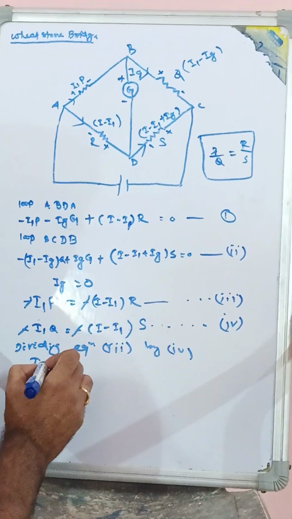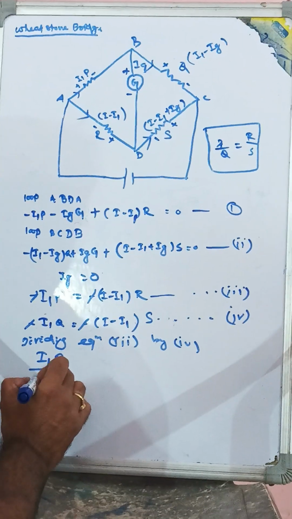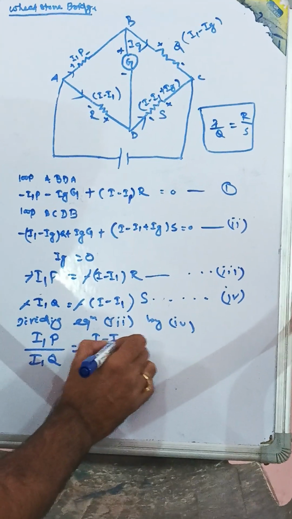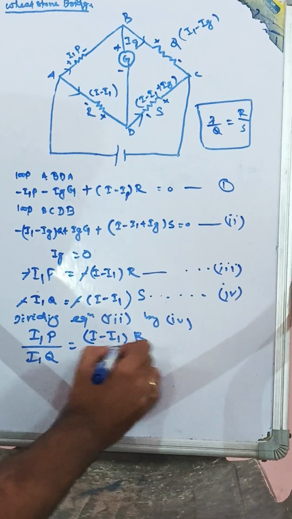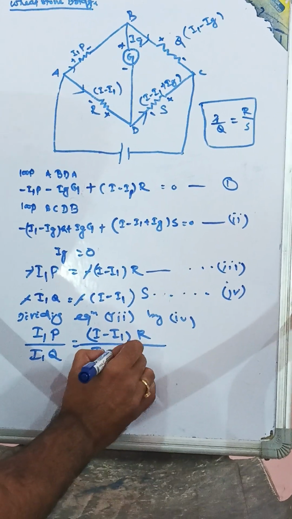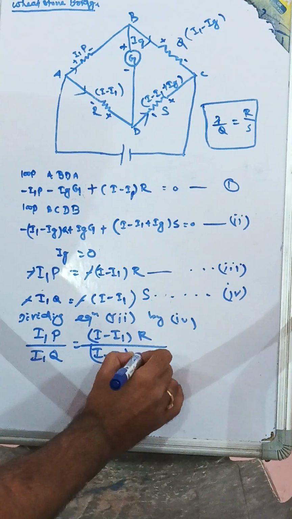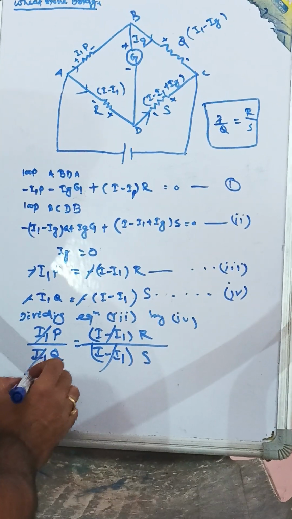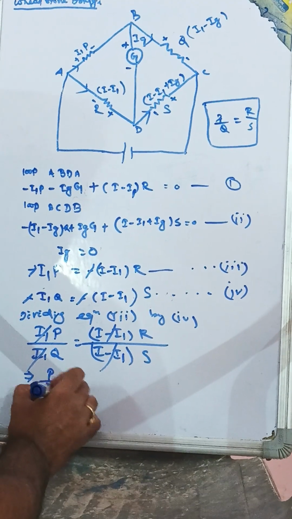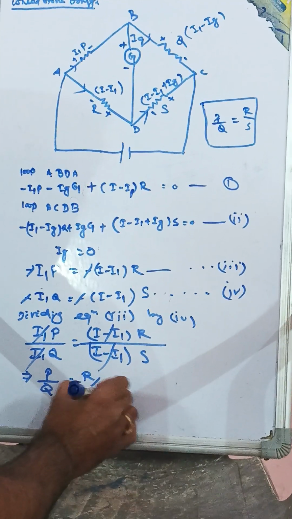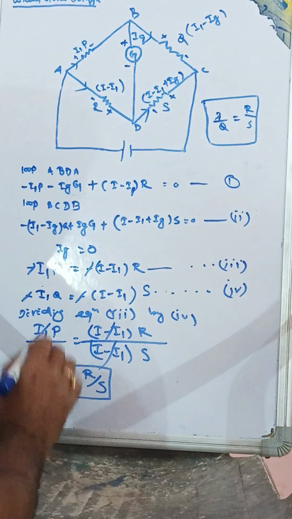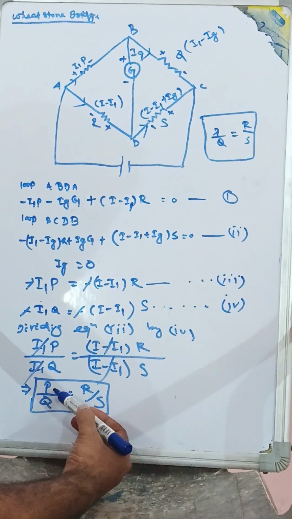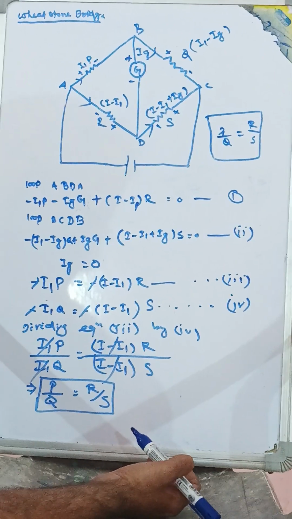I1 P divided by I1 Q is equal to (I minus I1) R divided by (I minus I1) S. This will cancel, this will cancel. Then we get P by Q is equal to R by S. Okay, in this way we have to find the value P by Q is equal to R by S.